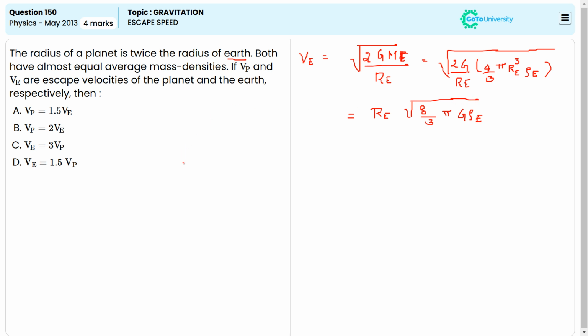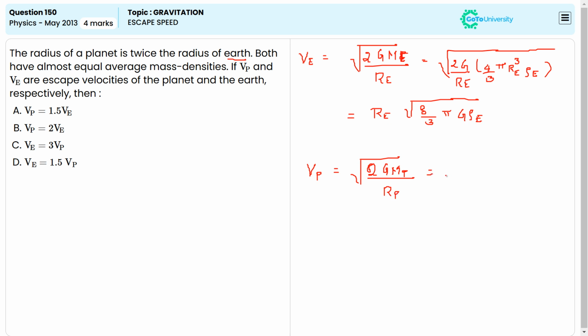And the escape velocity of the other planet, I denote it by Vp. Similarly, it is given by the square root of 2GMP divided by RP.